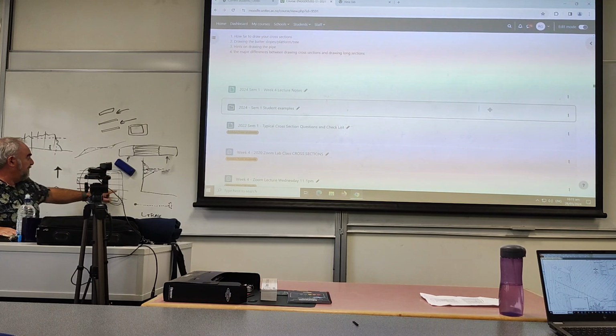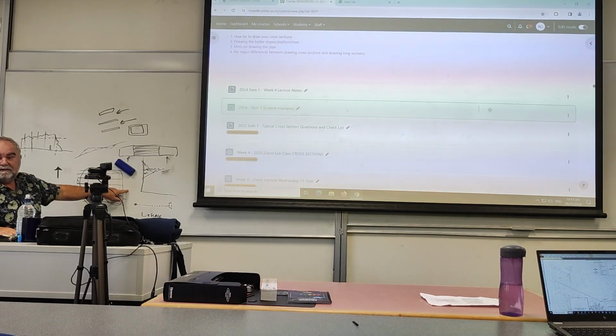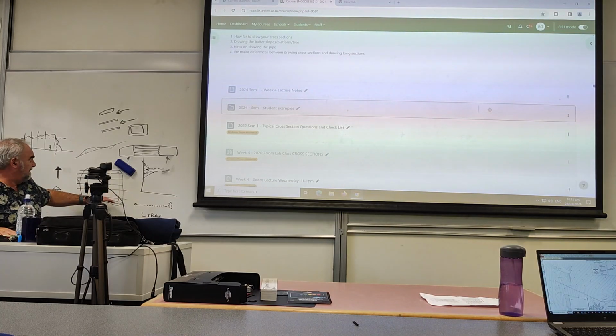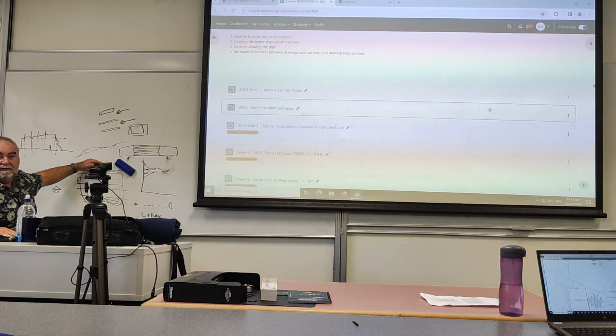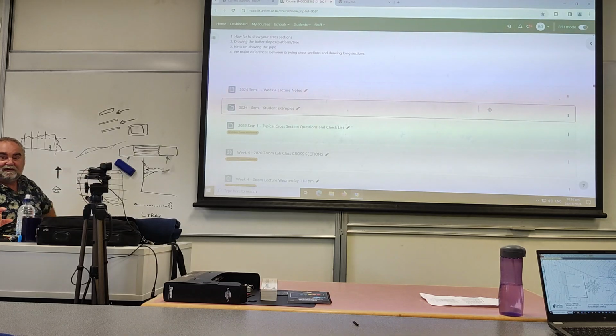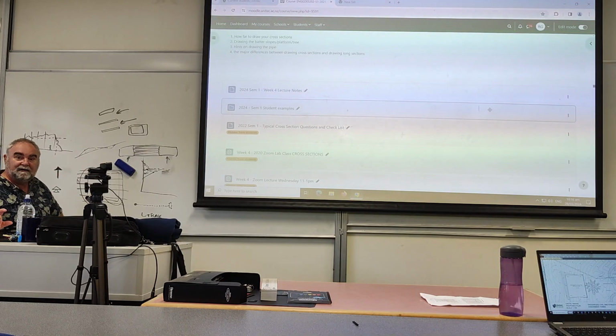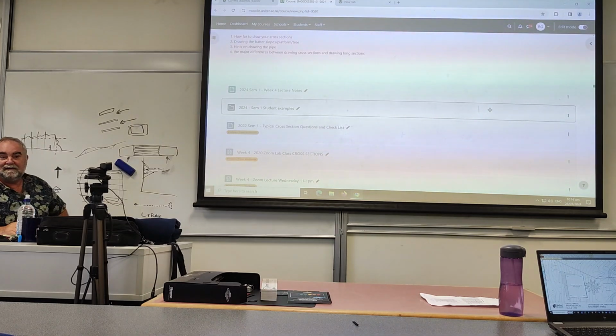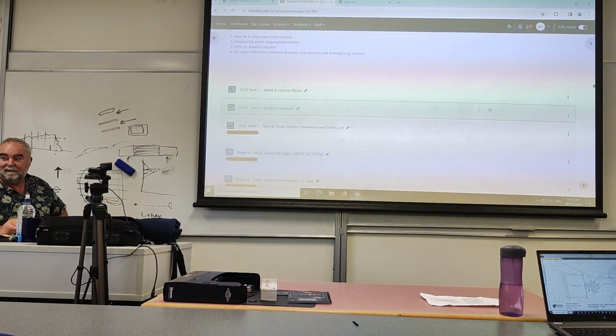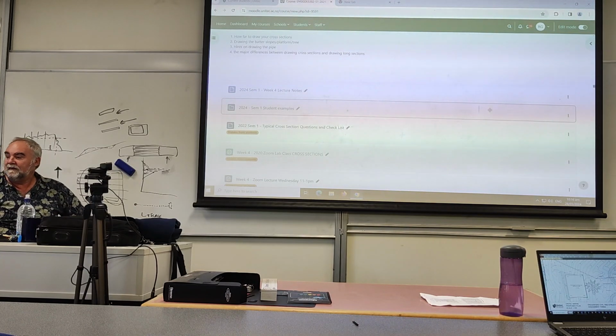Remember, you will have to draw up one of these really nicely for me, and I'll show you what I'm expecting you to do to get the full marks for the volumes. Each student will be a little bit different than the next one, so you can check it against your friend, but don't expect it to be spot on exactly the same. There will be small differences in it.